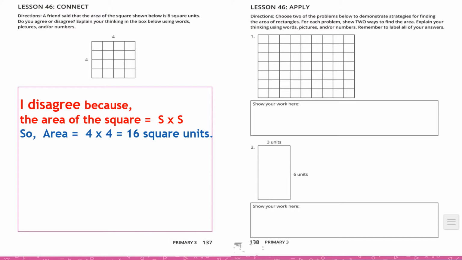Let's move to the apply part. Choose 2 of the problems below to demonstrate strategies for finding the area of rectangles. For each problem, show 2 ways to find the area.